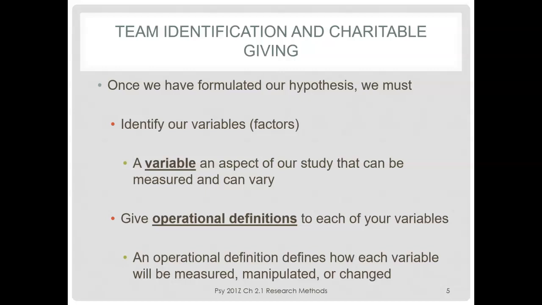So with research, you have to be very specific. You have to be very detailed. Now, once we've selected the variables we're going to look at, we have to give each variable an operational definition. So an operational definition defines how each variable will be measured, manipulated, or changed. And I'll go into that more in a moment.